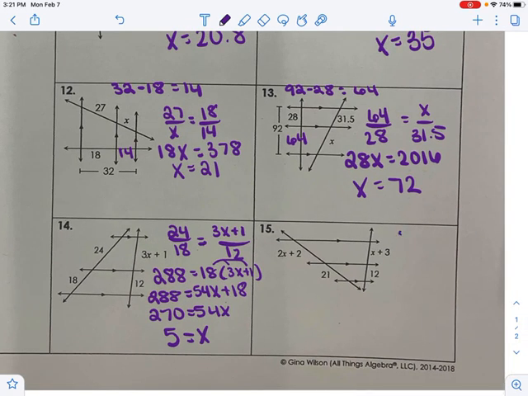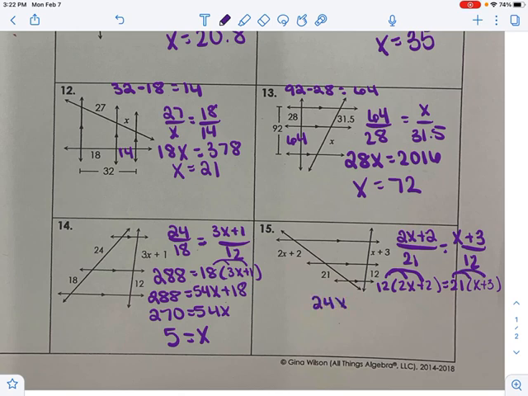Last but not least, 2x plus 2 all over 21 equals x plus 3 all over 12. So this one is 12 times 2x plus 2, and then 21 times x plus 3. So make sure you're distributing on each side.